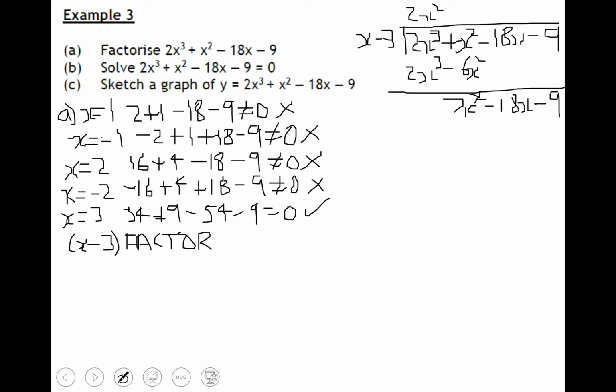What do we multiply x by to get 7x squared? That's 7x. 7x times x is 7x squared. 7x times minus 3 is minus 21x. Subtracting, we're going to get 3x minus 9.